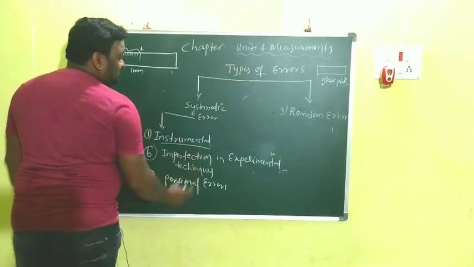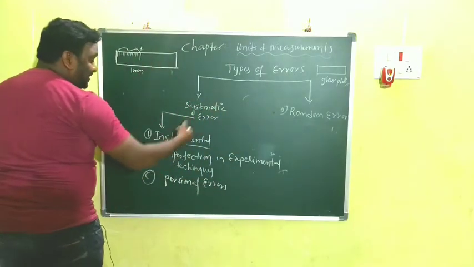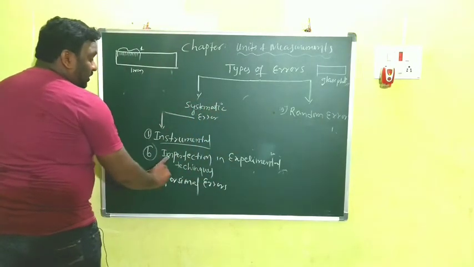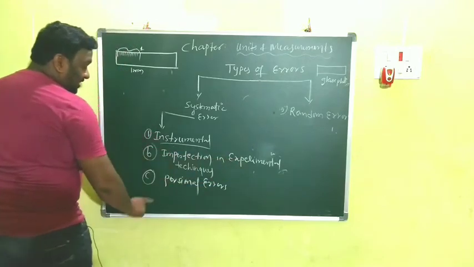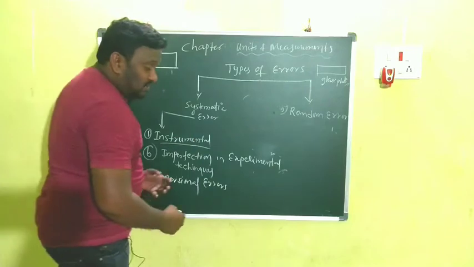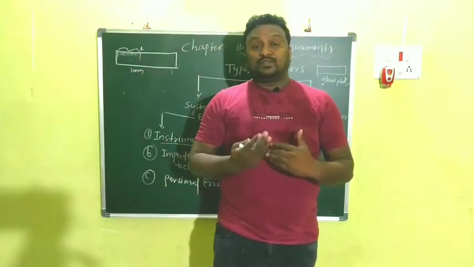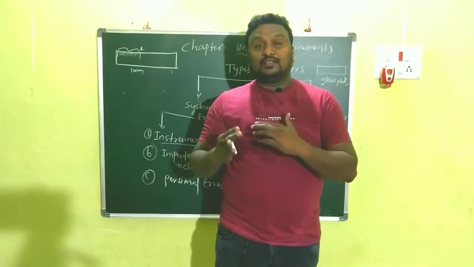Errors are divided into systematic error and random error. Systematic errors are classified as instrumental error, imperfection in experimental technique, and personal errors. What is meant by systematic error?